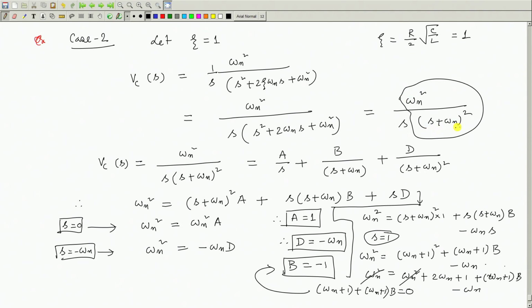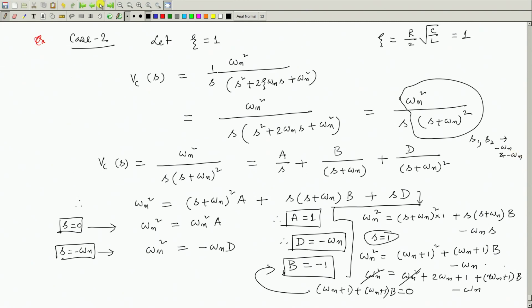Roots are s1, s2, real, equal to 0: s plus omega n whole square, that means minus omega n, minus omega n. Roots are minus omega n and minus omega n. They are real roots, but repeated.